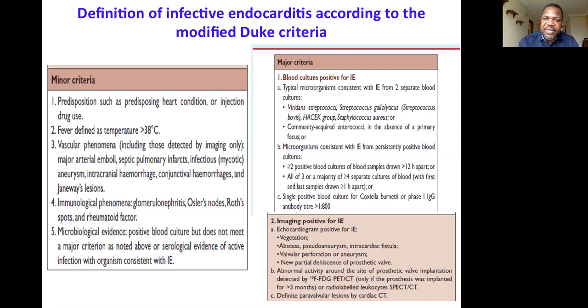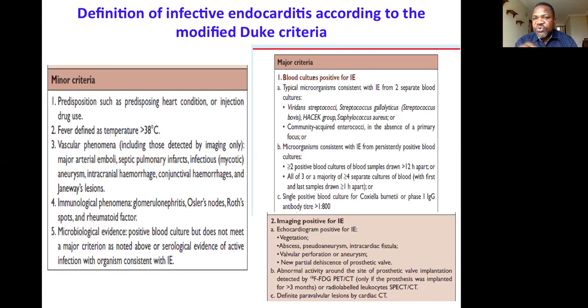What I'm saying is, if you suspect infective endocarditis, you collect blood cultures, and you need to collect at least 2, but a maximum of 3 or even 4 different sets of blood culture taken at different intervals.